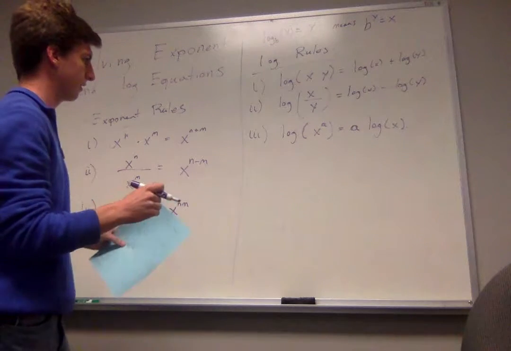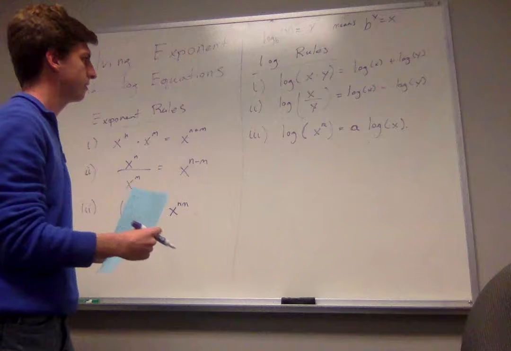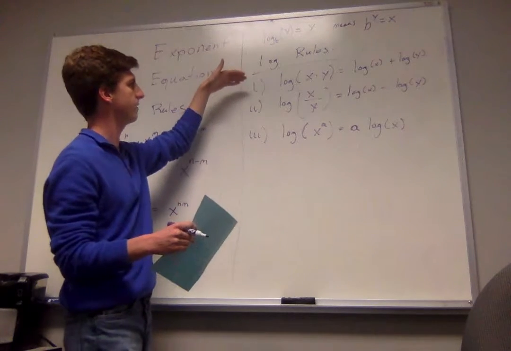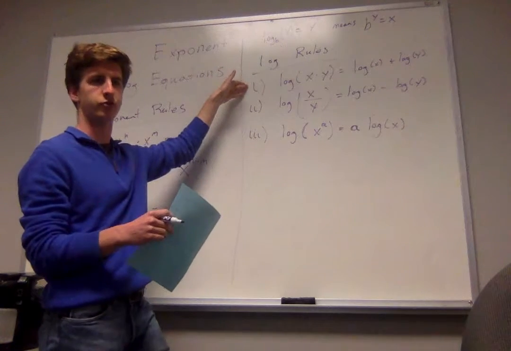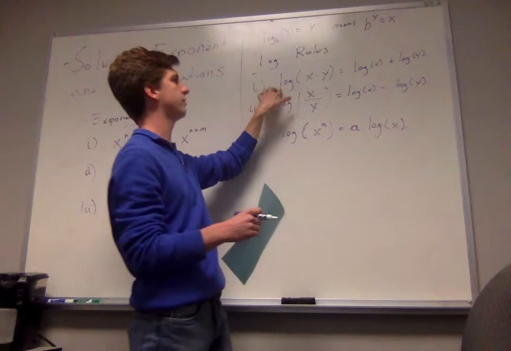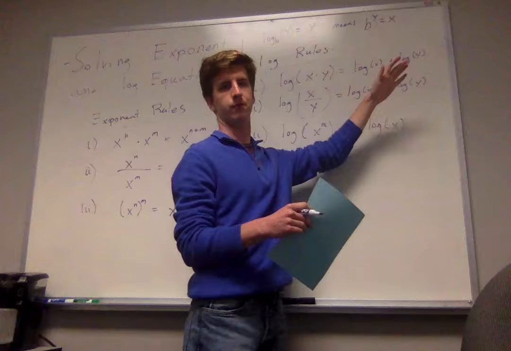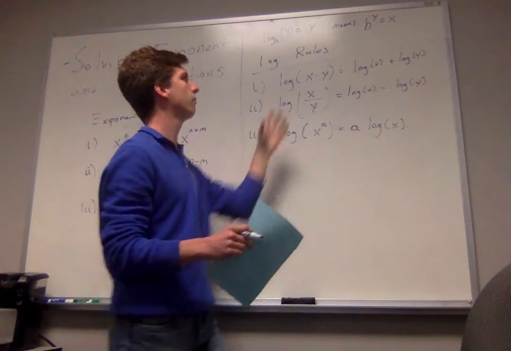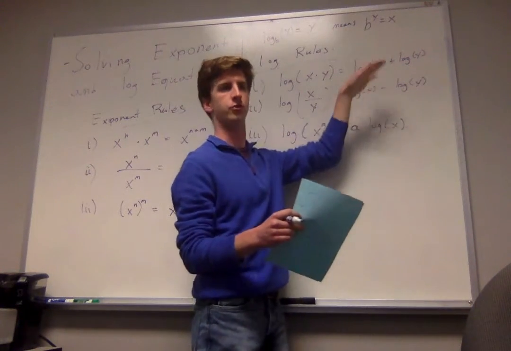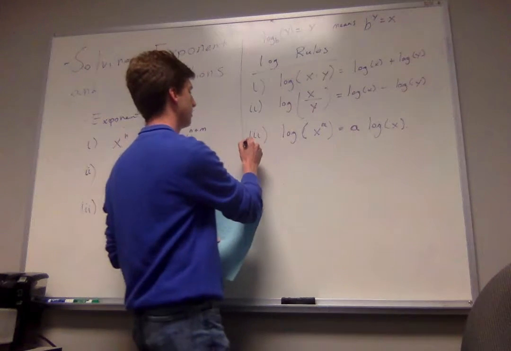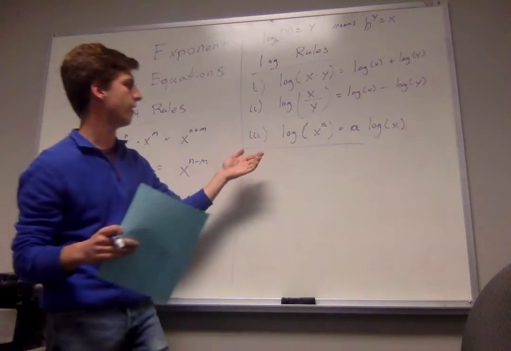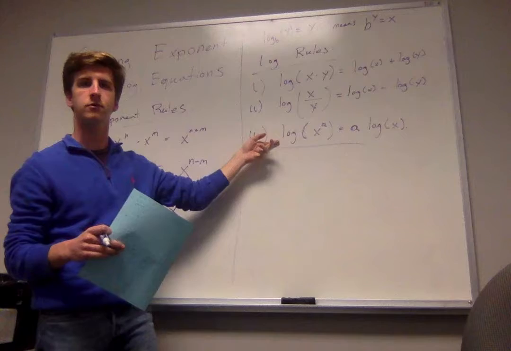So just to give you some intuition, let's assume that the first property is true. Let's assume that anytime we have log of x times y, we can write it as log of x plus log of y. It follows from the definition of the log, but we'll just assume that we can do it. I want to show us why property 3 holds.